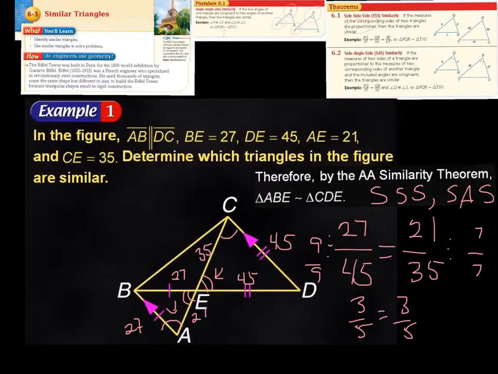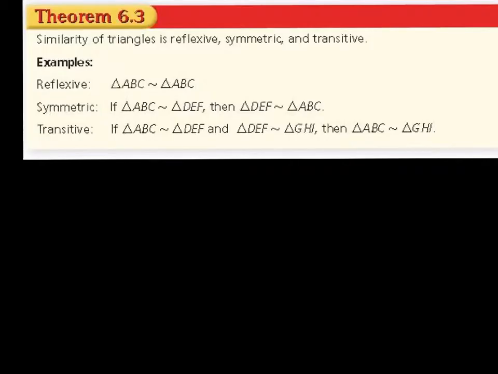So once I committed to the order of A, B, E, C, D, E had to follow. And just in case you're wondering why, yes, the reflexive, symmetric, and transitive properties are all true for similarity as well. And this is a theorem, so that means all three of those can be proven.